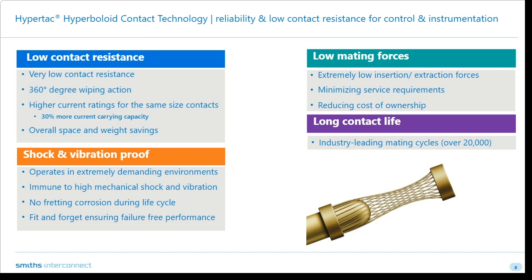What this hyperboloid contact does is reduce that probability through a number of different mechanisms. As you can see in the picture on the right, it has a 360-degree wiping action. Therefore, it cleans in that process and doesn't let that failure mode set in.